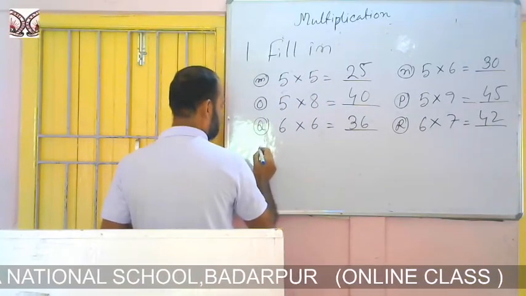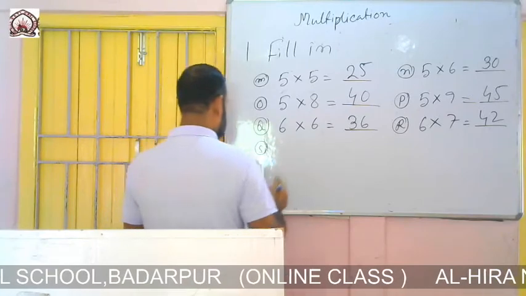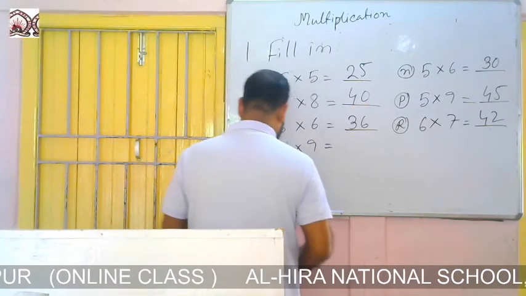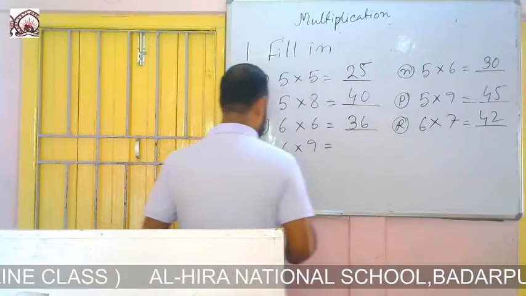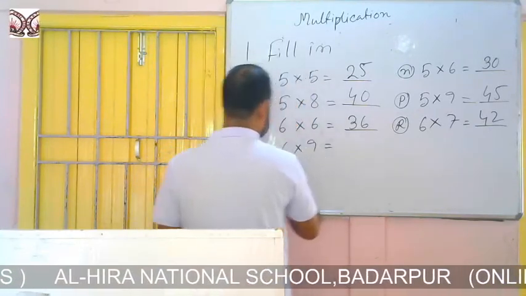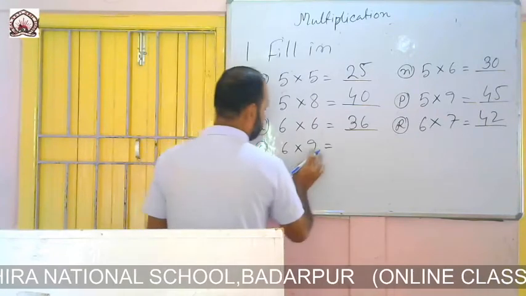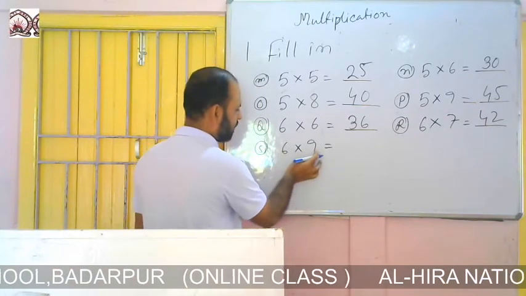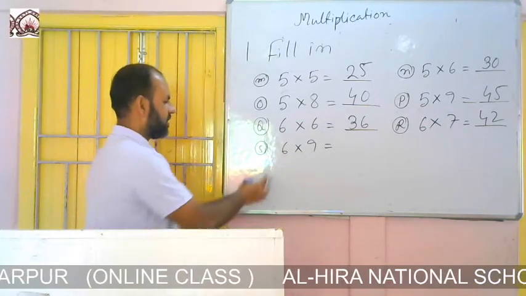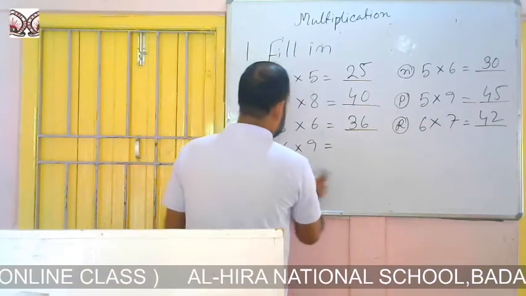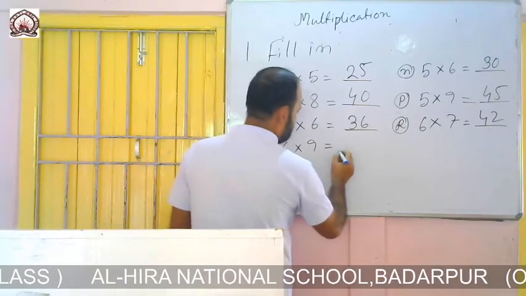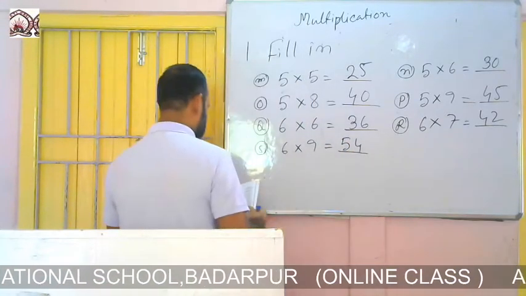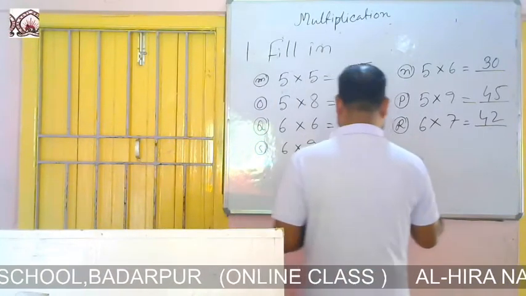Next, 6 9s are. If we count table number 6 or 9, if we count 9, then we count 6 times, and if we count 6, we count up to 9 times. So 6 9s are 54.